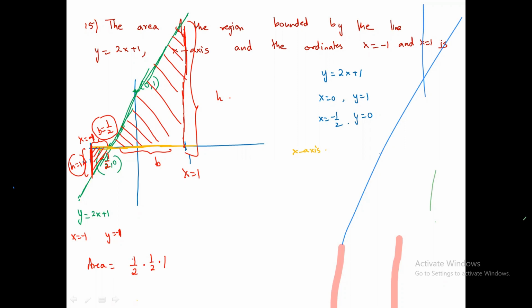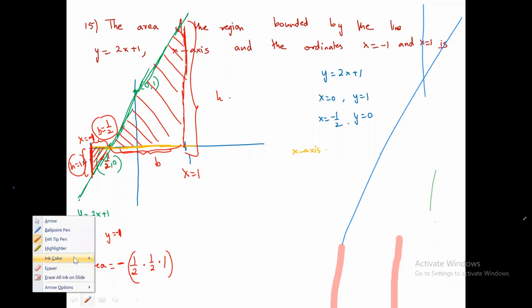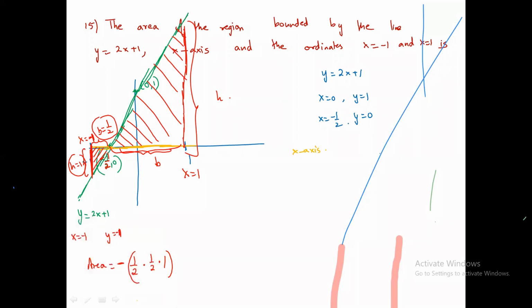But because this area is below x-axis, I have to take minus. This area is below x-axis. Now, I'll take the other triangle. What is the base? I will use a different color. Base for other triangle. How will I find the base?